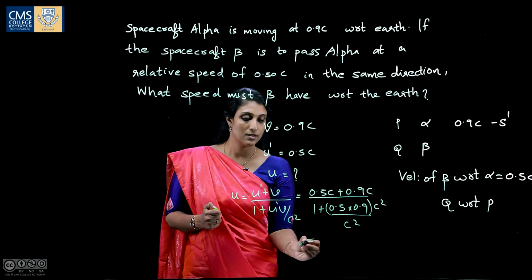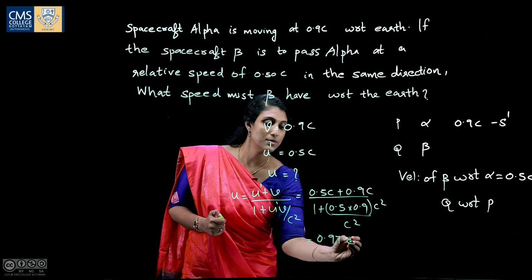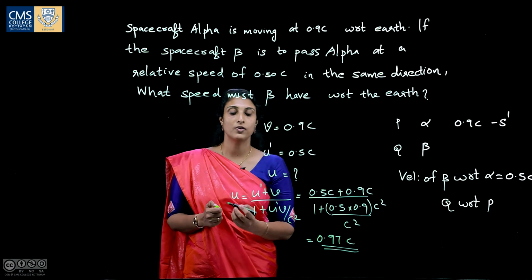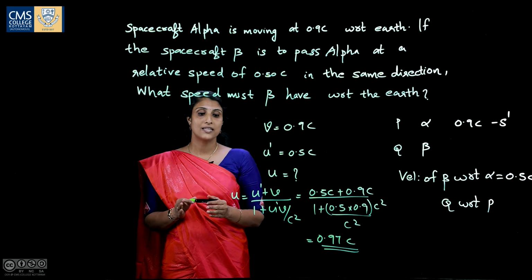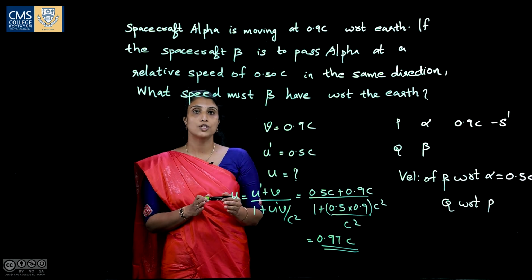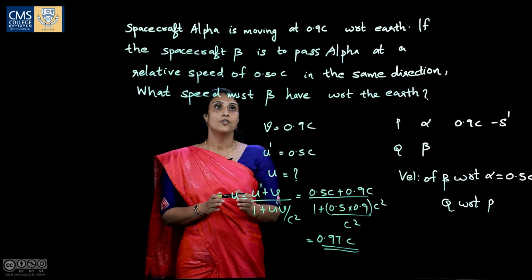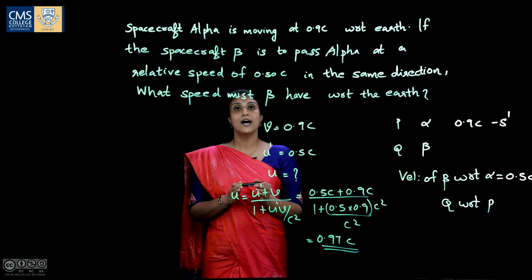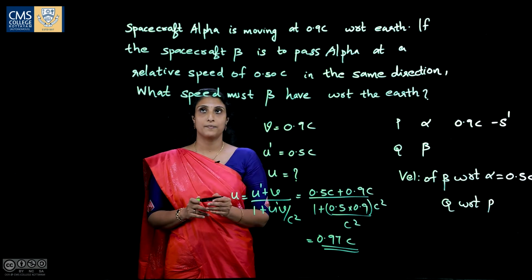That equals 0.97 times c, where c is the velocity of light. That is, spacecraft beta has to travel with a velocity of 0.97 c with respect to the earth in order to pass alpha at a relative speed of 0.5 c in the same direction.